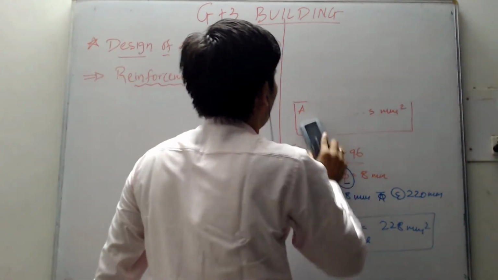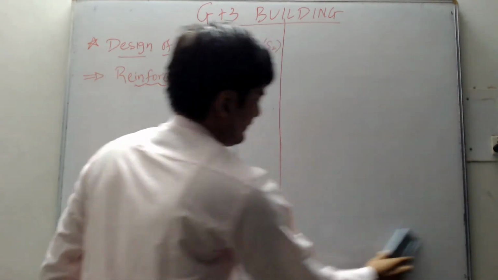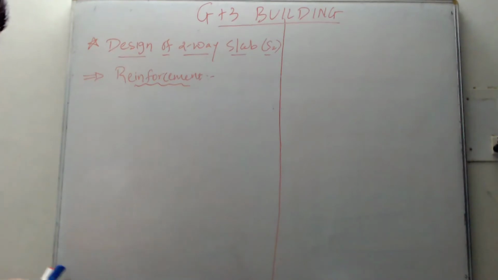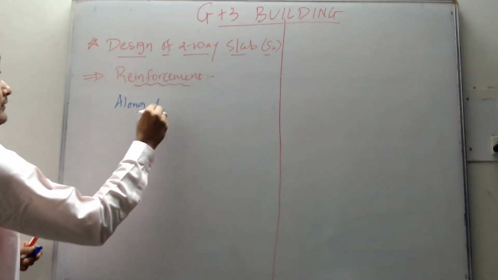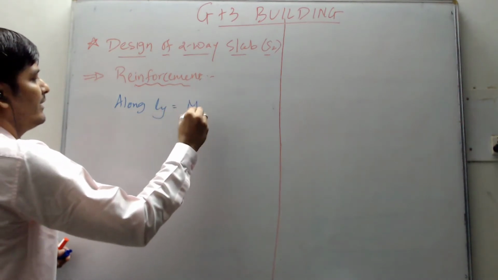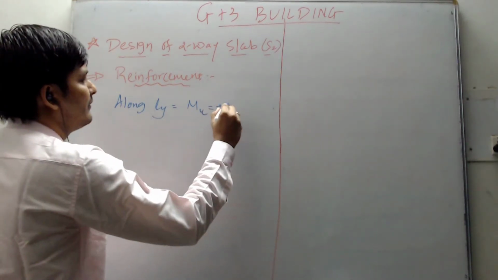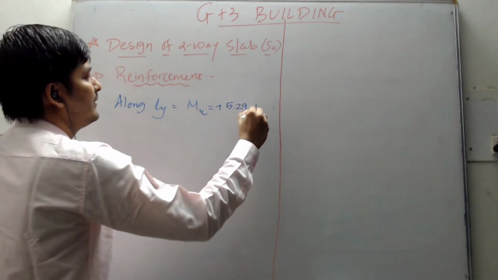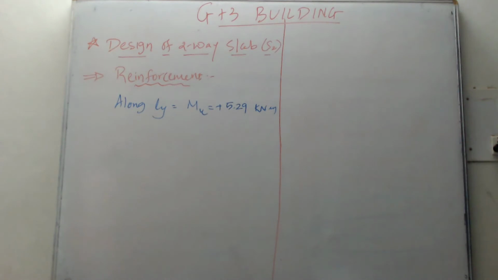So now the next step is along LY, that is the longer direction in this. So we have Mu value along LY, that is positive value. We are doing at span, so my positive was 5.29 kilonewton meter. Then we need to have the effective depth value here.